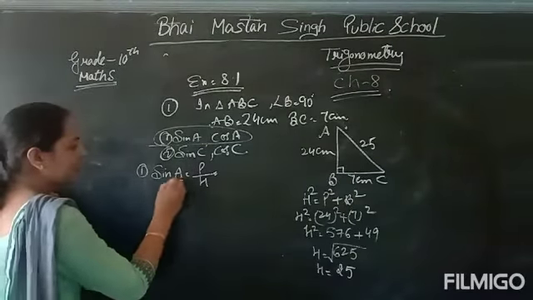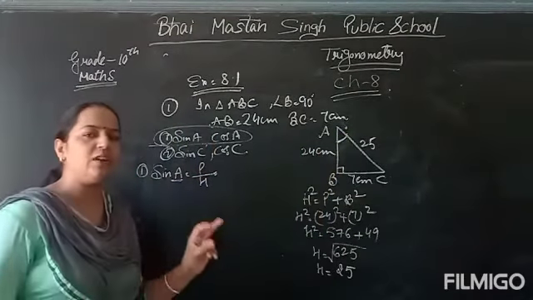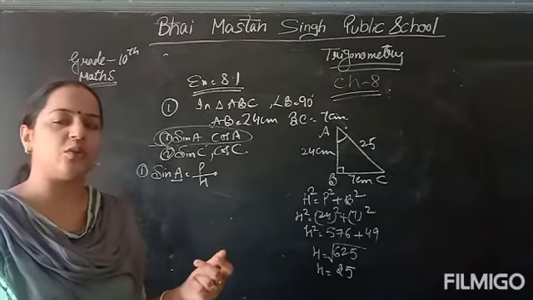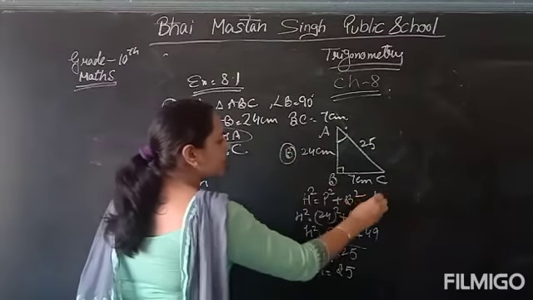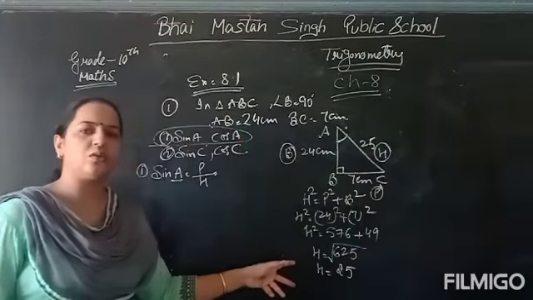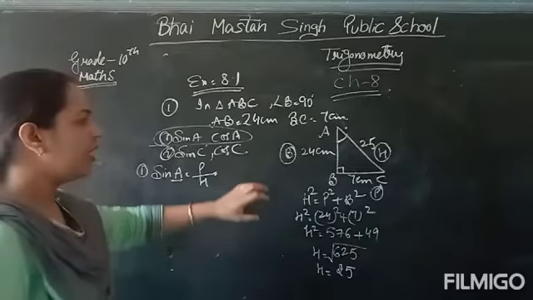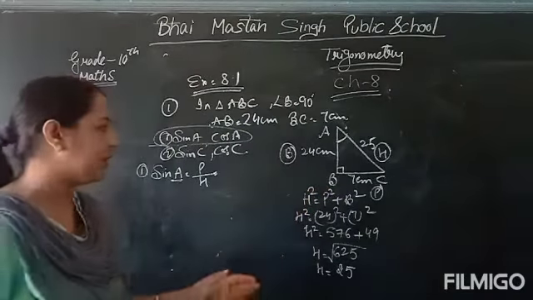Here we are talking about angle A. The side having 2 angles must be the base, जिस side में 2 angles होंगे वो हमारा base होगा. So this one is base, this one is perpendicular, this one is hypotenuse. During Pythagoras there is no confusion in P and B, we can write P and B either way. But during trigonometric ratios, we have to find P and B properly.